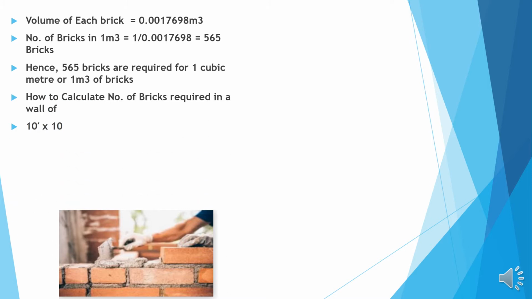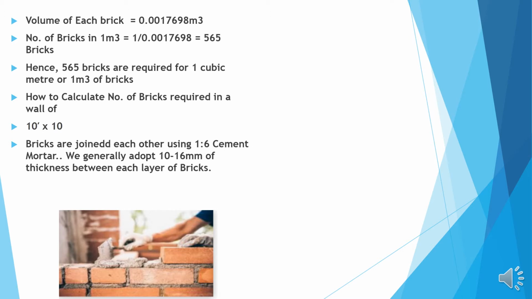How to calculate bricks required in a wall of 10 feet by 10 feet. Bricks are joined together by using a cement mortar 1:6. We generally use 10 to 15 millimeter thickness between the layers of bricks, the mortar joints.